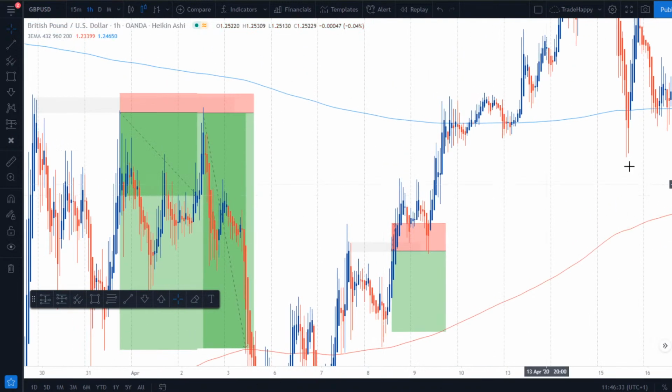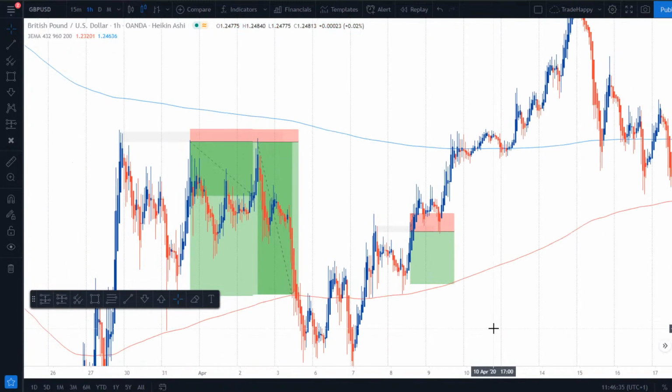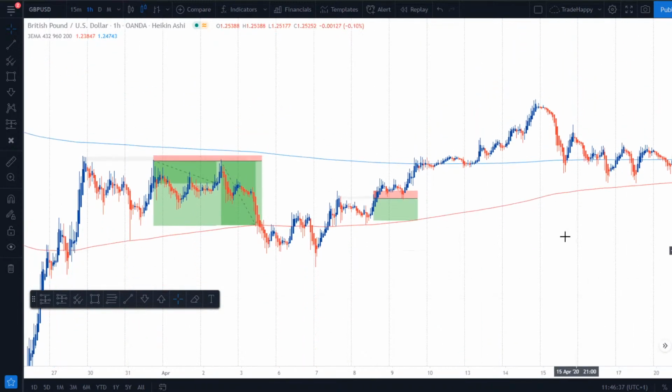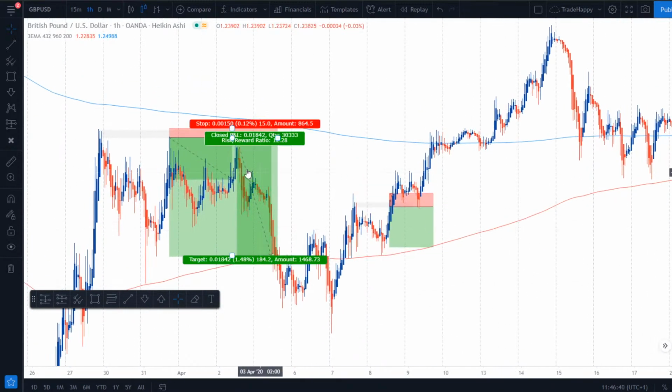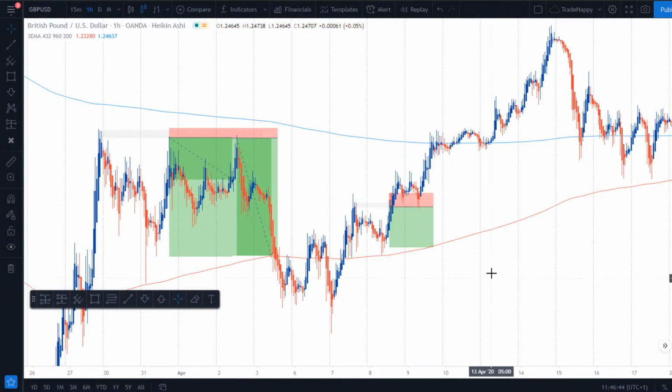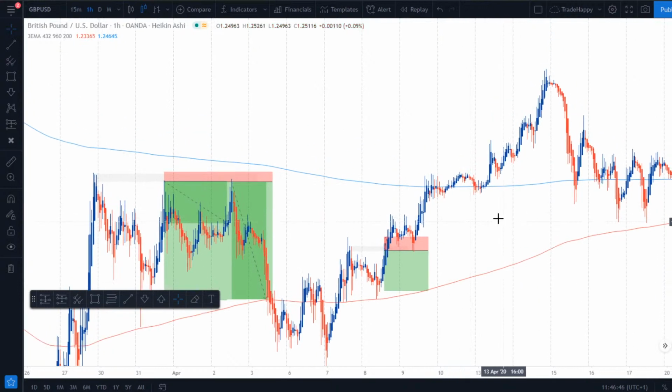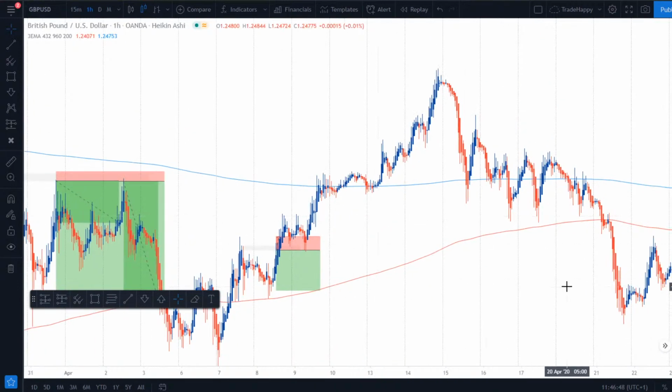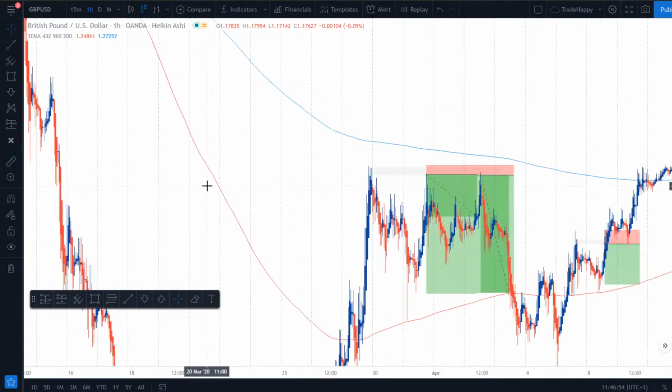But the thing is, if you backtest this strategy and it's profitable because you've got these massive winners with limited losses, you can have a strategy where if it's profitable, you know you're going to be profitable because you've got the potential to have a big move.